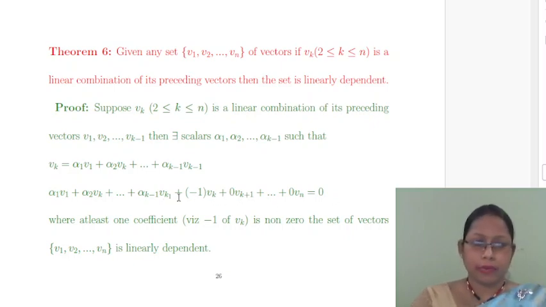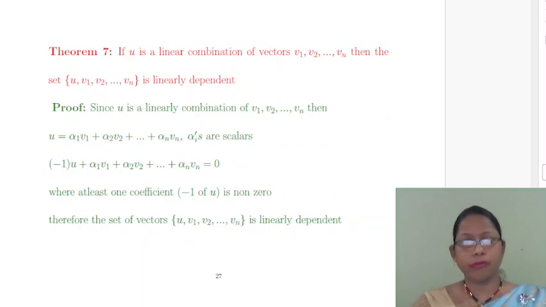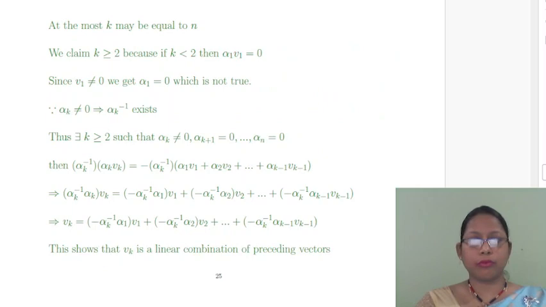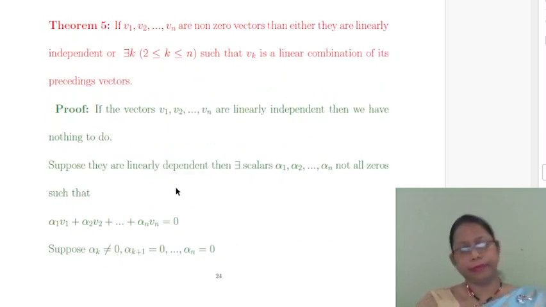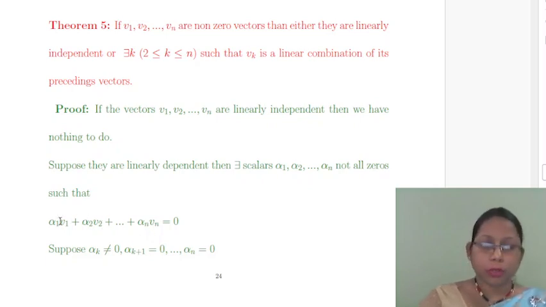Then I have bk. So from this equation I will get alpha k bk plus alpha k plus 1 b k plus 1 plus dot dot dot alpha n bn equal to 0. All the bigger suffixes, alpha k plus 1 onwards, are 0, so it goes up to alpha k bk.